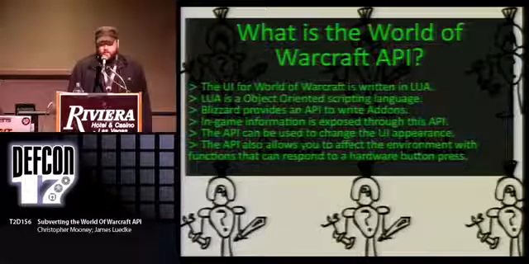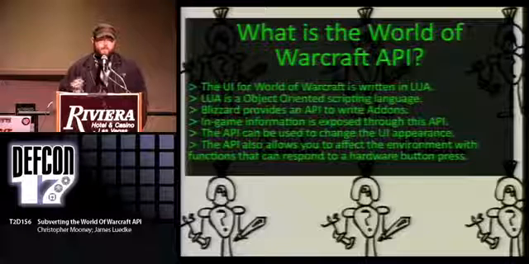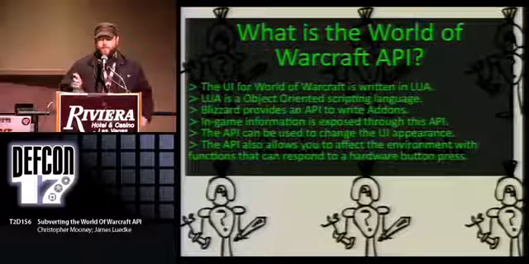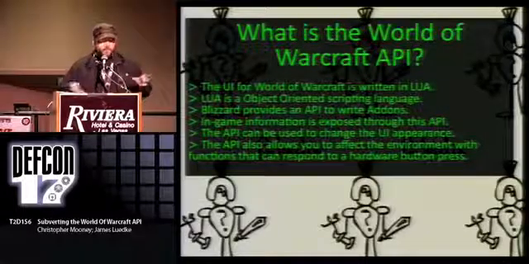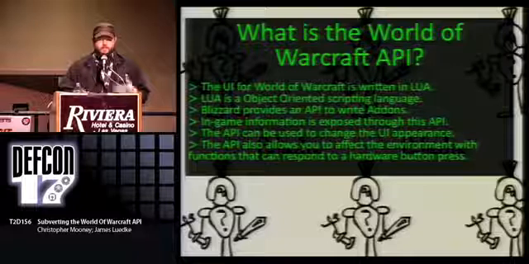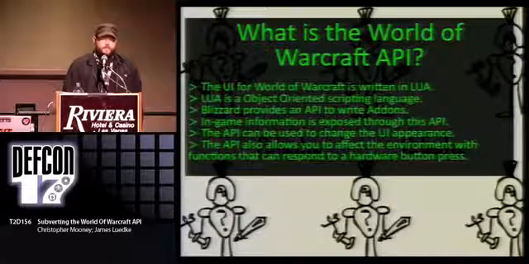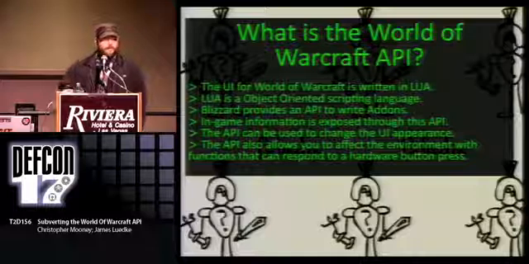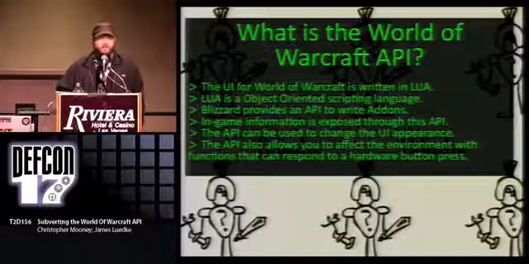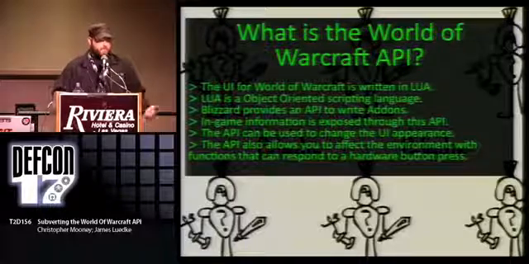What is the World of Warcraft API? For those of you that don't know, it's basically an application programming interface for UI developers, people that want to change the way the UI looks and functions. Blizzard made this a plugin and add-on way to extend the UI because it doesn't look very good.